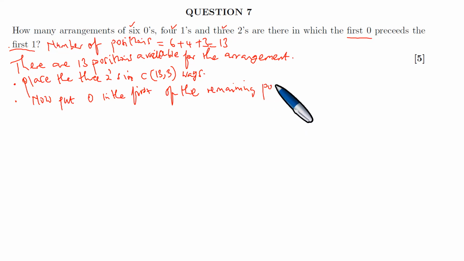You must put 0 first in the remaining positions because it must come before the first 1.